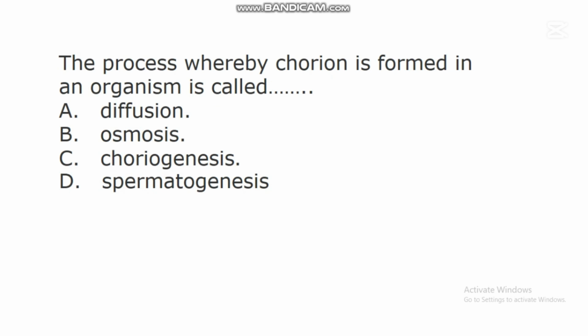In this question, the correct answer is C, choriogenesis. Choriogenesis is a process that deals with the development or the formation of this important membrane called chorion in an organism. So this process occurs during the development of the embryo in a woman.